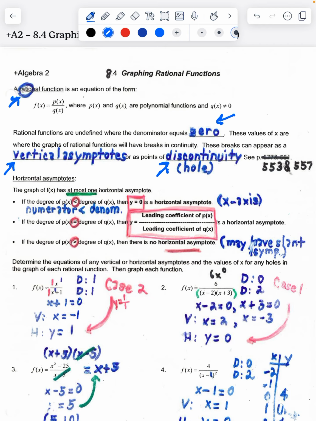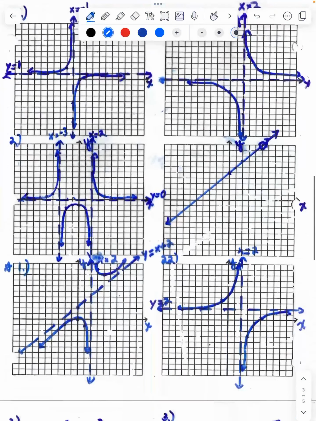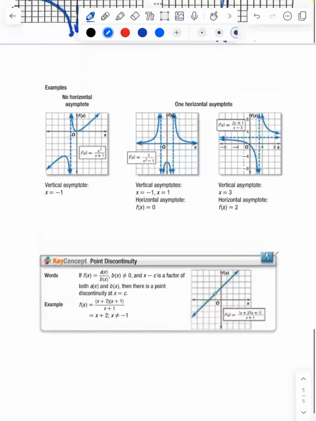So let me scroll down here to some graphs. It's all the way at the bottom. As you look here, you notice in these graphs that they have vertical asymptotes, which are dotted lines where the function is undefined. Notice it's x equals -1 here.